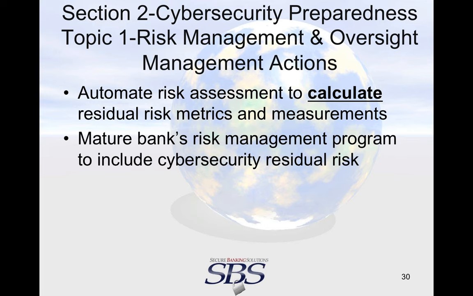This one is talking about calculating residual risk metrics and measuring the program. The second important term here: we talked about inherent risk, and now we're talking about residual risk. We've got that inherent risk, that out-of-box risk, and now we've done some things about it.